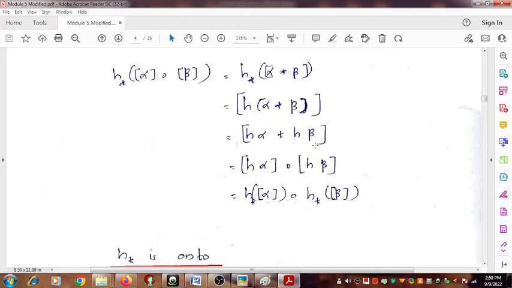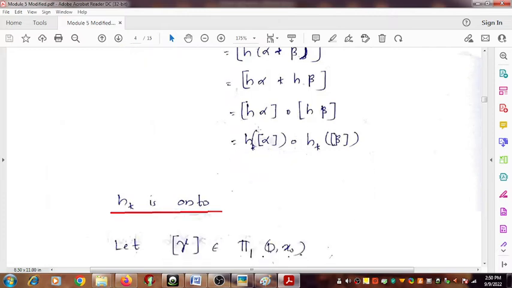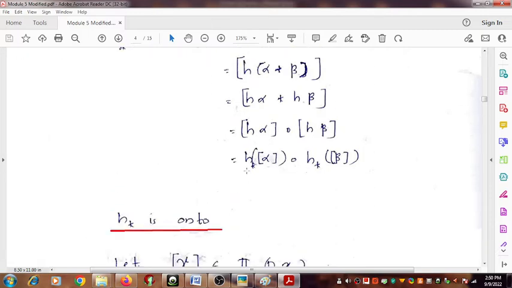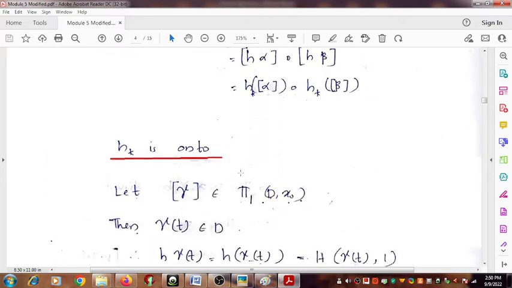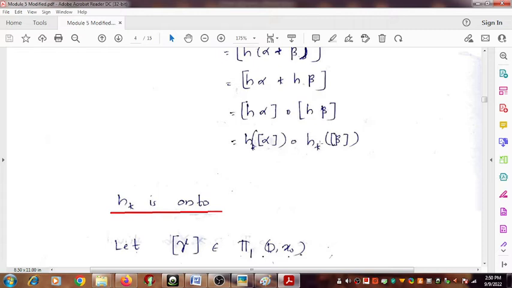It can then be taken back to the level of classes of loops. So we get class of H∘α dot class of H∘β, and finally H star of class α dot H star of class β. And this dot is the operation that exists in the second fundamental group.